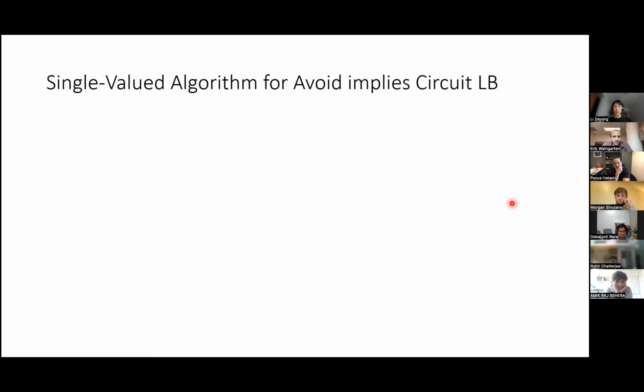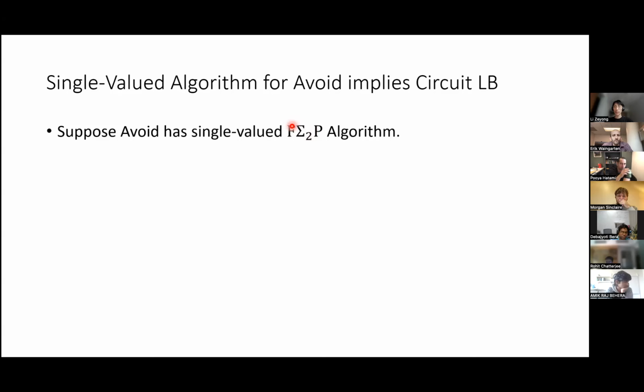So now let's see how a single-valued algorithm for range avoidance implies very strong circuit lower bounds. Suppose for now we have a single-valued FΣ2P algorithm for range avoidance. Think of it as the search version of Σ2, the second level of the polynomial hierarchy.